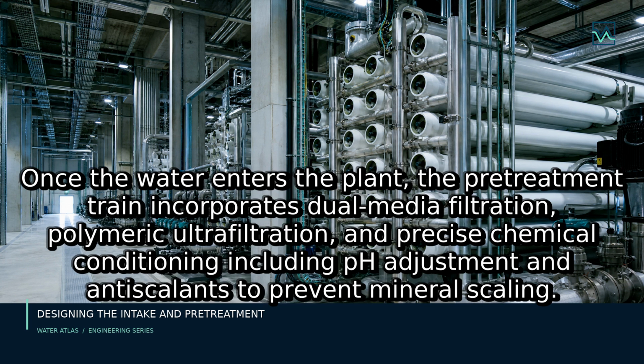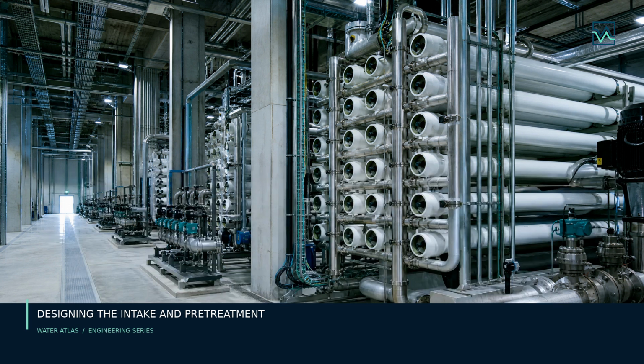Once the water enters the plant, the pre-treatment train must prepare it for the high-pressure stage. Standard pretreatment typically incorporates coagulation, flocculation, and dual media granular filtration, or increasingly polymeric ultrafiltration and microfiltration skids. Maintaining an SDI below 3 and a turbidity under 0.1 NTU is non-negotiable for preserving membrane permeability.